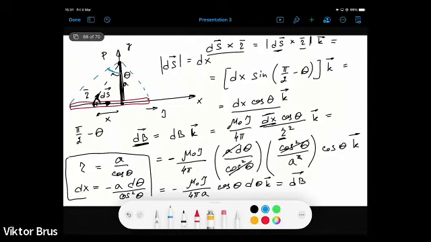And here will be some angle theta 1, and here will be some angle theta 2. So here we have independent variable theta. So we need to integrate this expression for dB vector from theta 1 to theta 2. And that should give us the resultant magnetic field vector in point P. So let us do it on the next slide.